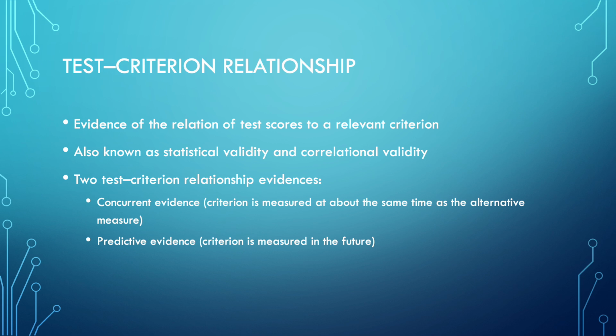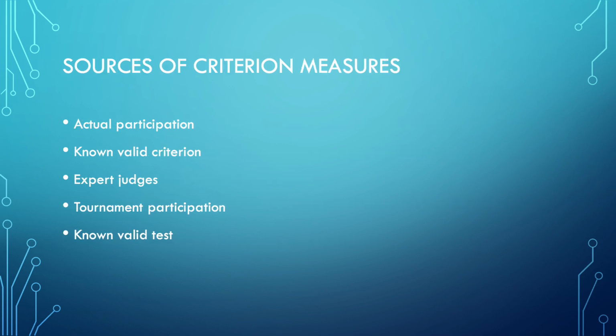So we're using data to predict future success. Development of the criterion measure is important in establishing test criterion validity evidence. Examples of how this can be obtained include actual participation, known valid criterion, expert judges, tournament participation, or a known valid test.